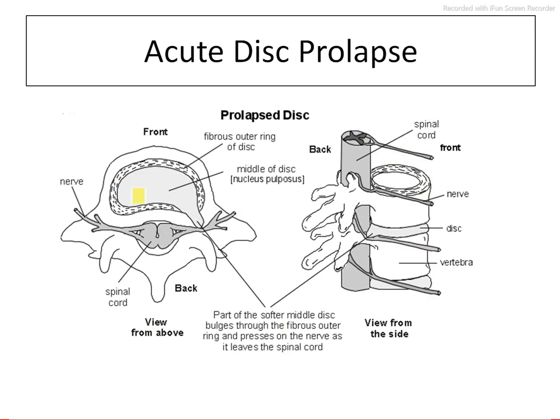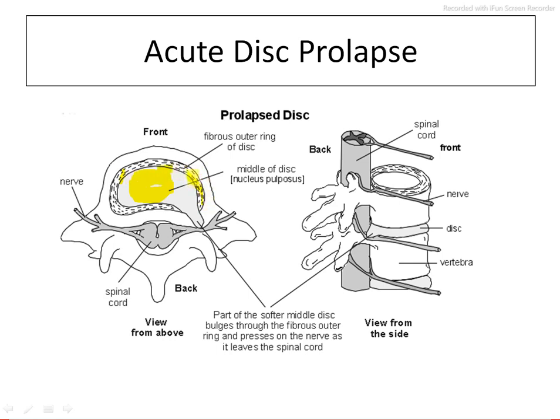However, during the degeneration process, the hydration of the nucleus pulposus is reduced, and because of this different dysfunctional changes take place, such as tears and fissures in the annulus fibrosus.